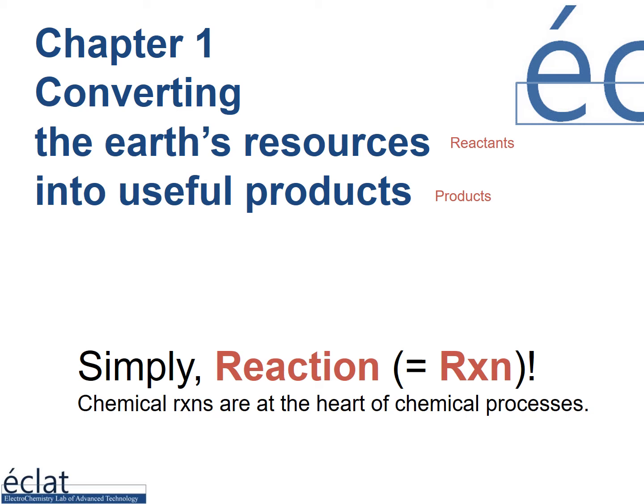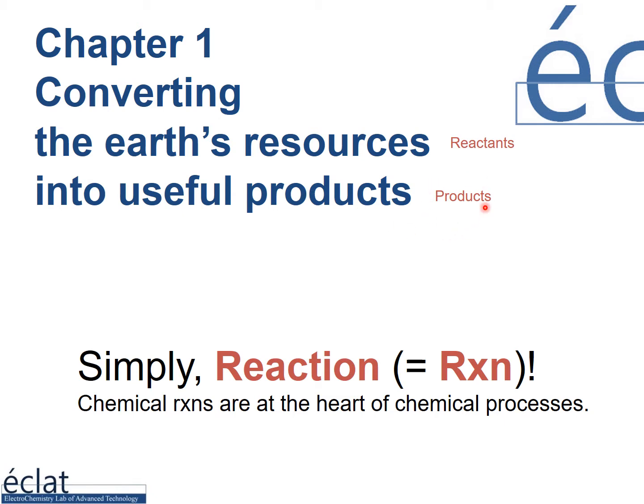Chapter 1. The title of Chapter 1 is Converting the Earth's Resources into Useful Products. The Earth's resources could be considered as reactants, and useful products could be considered as products.